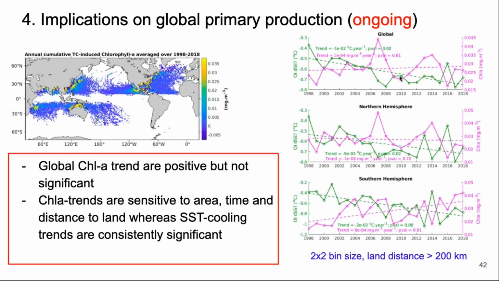We're still working to figure out the reason behind this sensitivity of chlorophyll A. The possible reasons could be, first, the difference in thermocline and nutricline depth, or the possible impacts of coastal water, and data uncertainties for chlorophyll A may be much worse than the uncertainties from satellite SST.